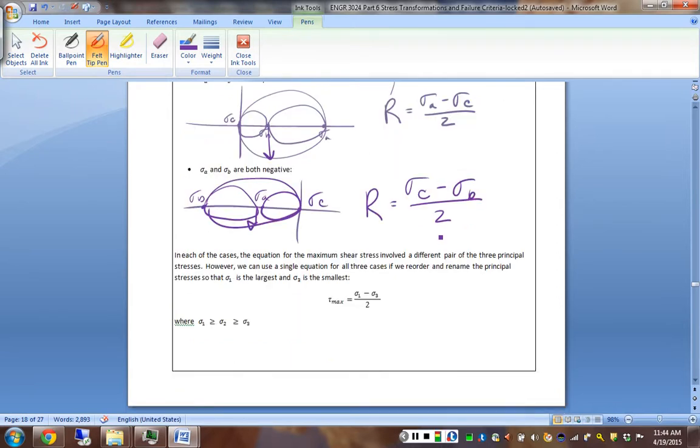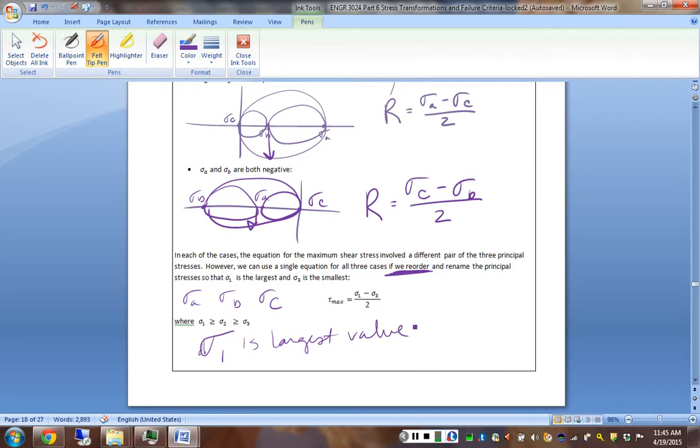And that can simply be eliminated if we take our sigma A, sigma B, and sigma C, reorder them in value and rename the principal stresses, referring to them as sigma 1, sigma 2, sigma 3, where sigma 1 is the largest value, and sigma 2 and sigma 3 are smaller.